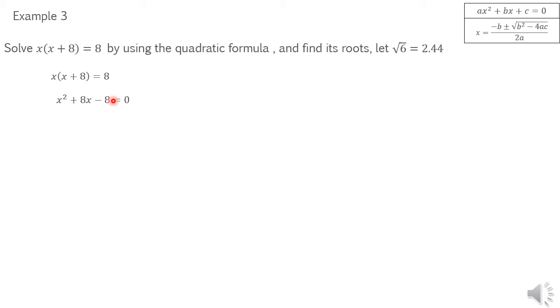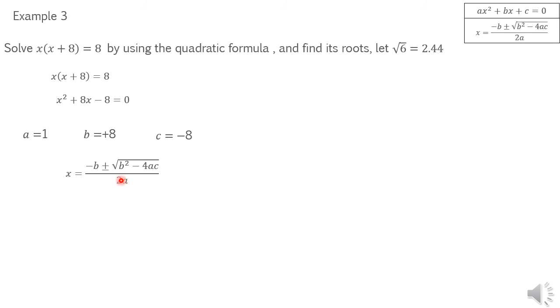Now we can solve this quadratic equation using the formula. The number in front of x square, you can see, is 1. The number in front of x is positive 8. The constant number is negative 8. Now our formula is, student, this is the formula, you have to remember this one.